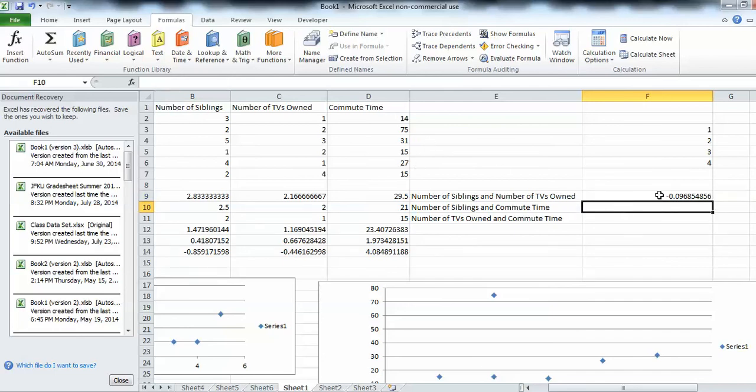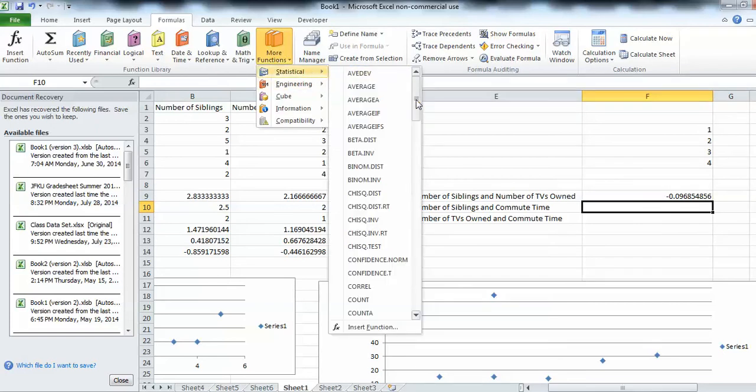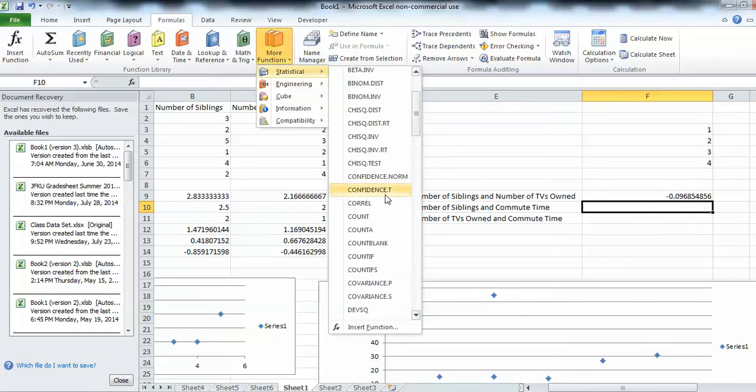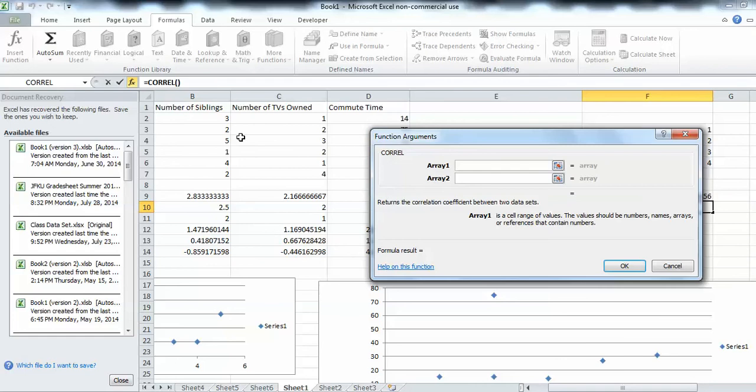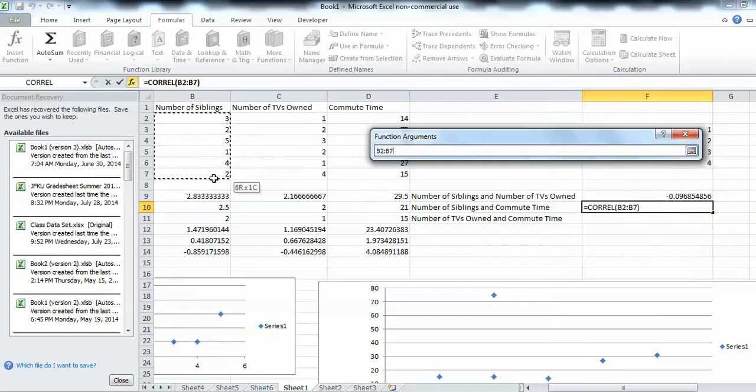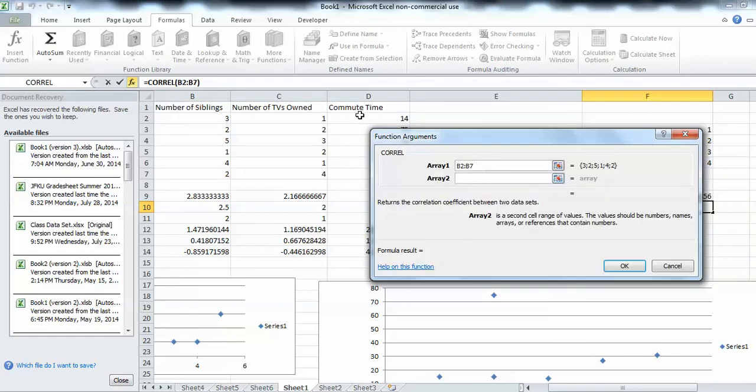And I actually can't drag this down the way I did before, because here I had the column set up in a way where I could just drag it across, but here I can't actually do that, so I have to go back up here, go to CORREL, highlight siblings for array 1, highlight commute time for array 2, and click OK.